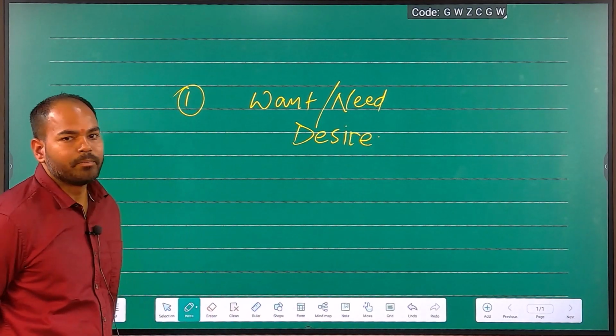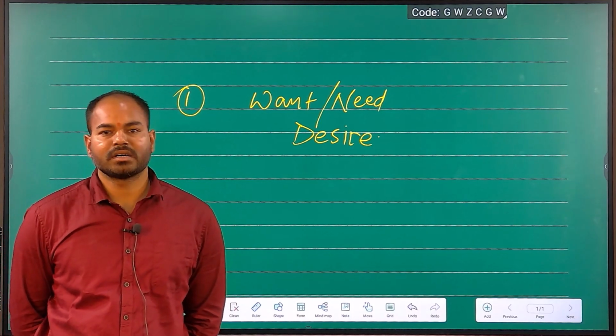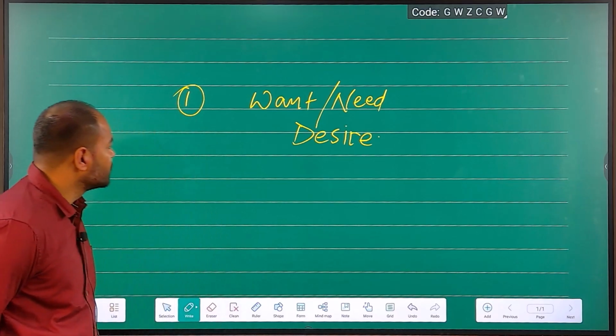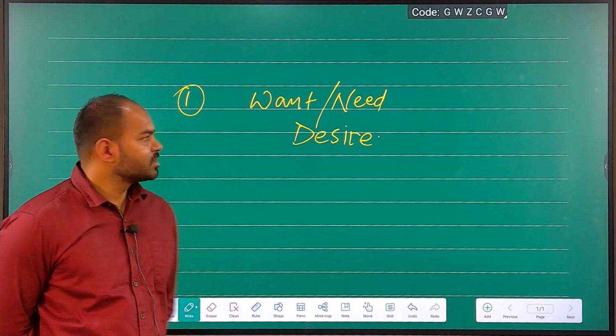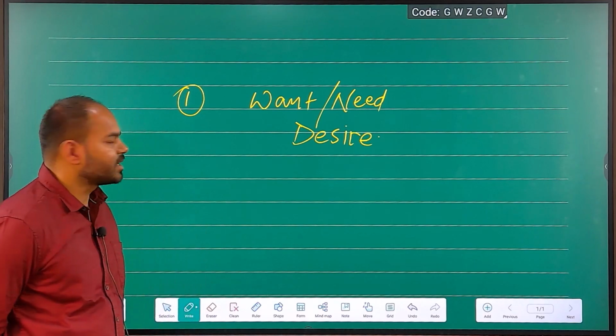This is the plainest and simplest meaning of demand. A desire of people is a demand, a need of people is a demand, a want of people is a demand. But in economics, need and desire alone do not fulfill the criteria of demand.